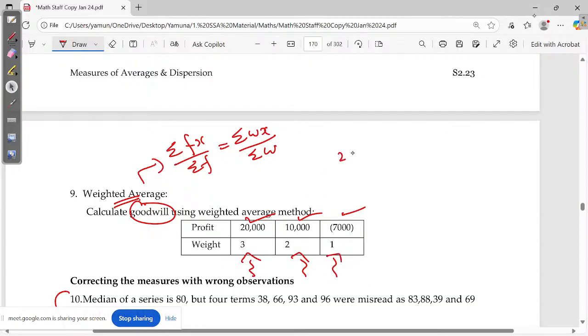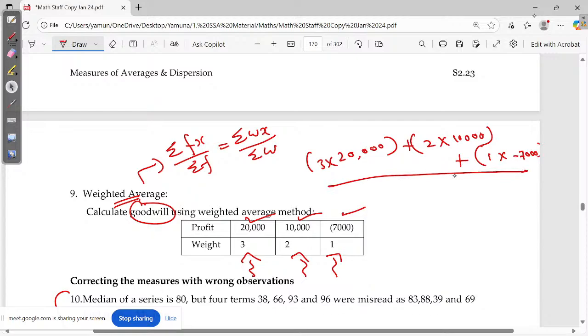So the value is 20,000 into 3 plus 2 into 10,000 plus 1 into minus 7,000, divided by summation w. Should not divide by 3. You have to divide by 6, which is 3 plus 2 plus 1. This is the weighted average concept.